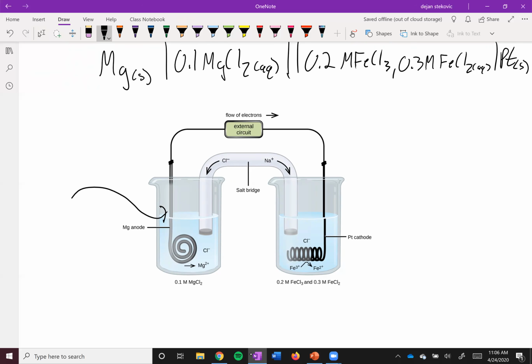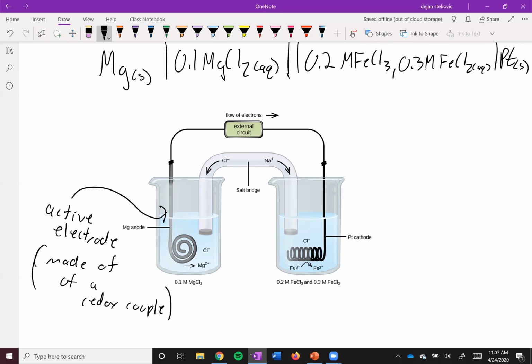The electrode is made out of magnesium. That magnesium is dissolving because it's forming magnesium 2+. So this is what's called an active electrode. And it's made of one of our redox couples. Right, so either the magnesium or the iron, in this case the magnesium.